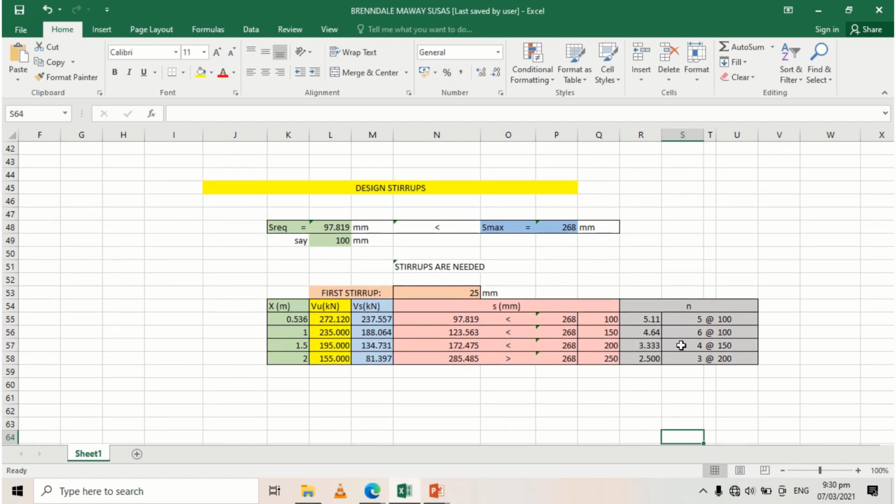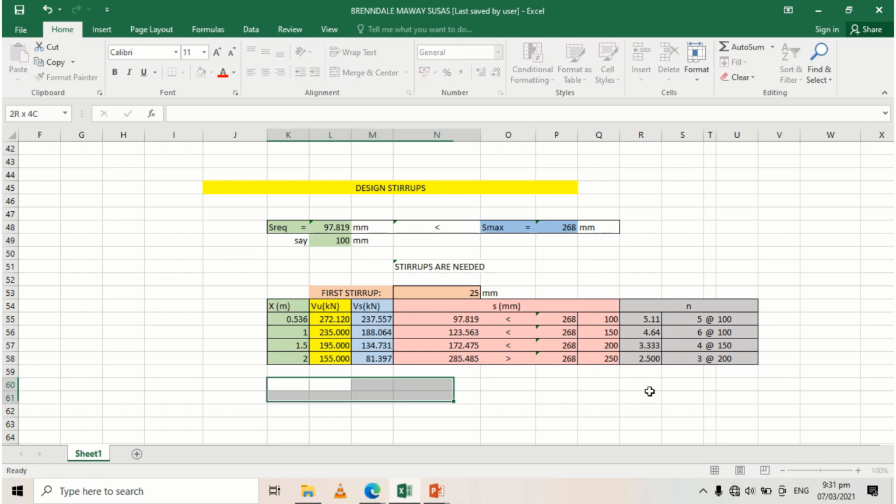By the way, ang concept here is that if maliit yung diameter niya, mas marami yung stirrup na kailangan. And if maliit yung spacing niya, mas okay siya, di ba? So, ganyan yung concept dito sa design stirrup.